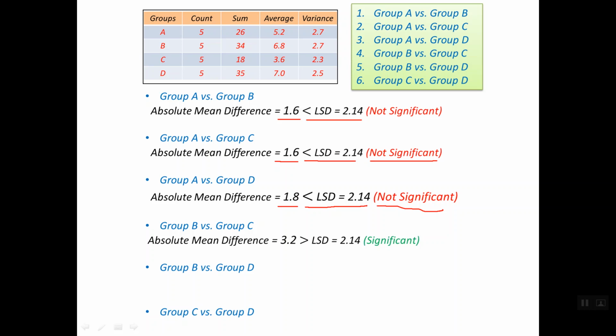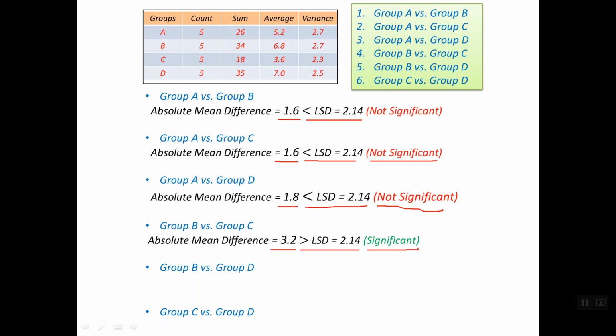The fourth pair, which is between group B and group C, the absolute difference between these two means is 3.2. And 3.2 is greater than the value of the LSD, which is 2.14. So we conclude simply that there is a significant difference between the mean for group B and the mean for group C, which means that X bar for B is not the same as X bar for C. Which one is the bigger?